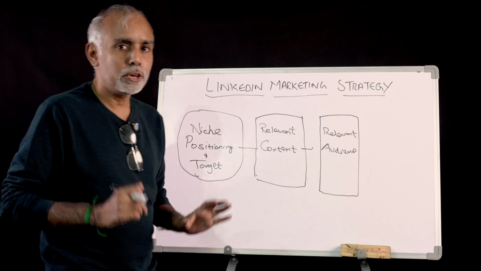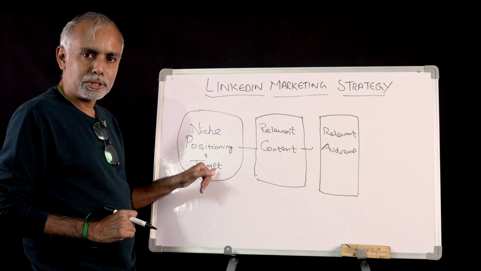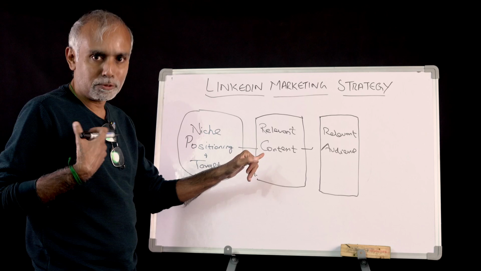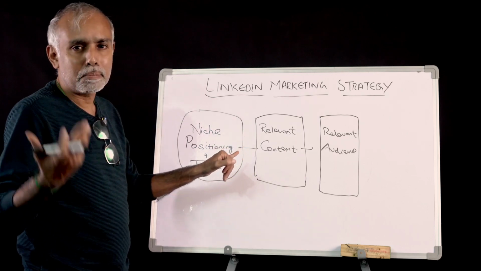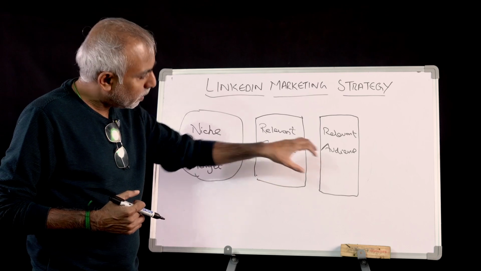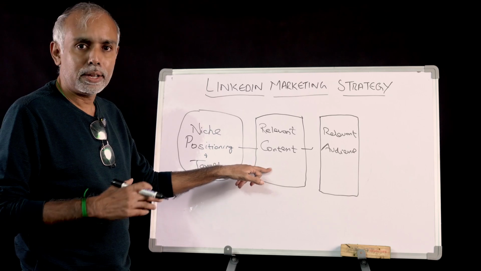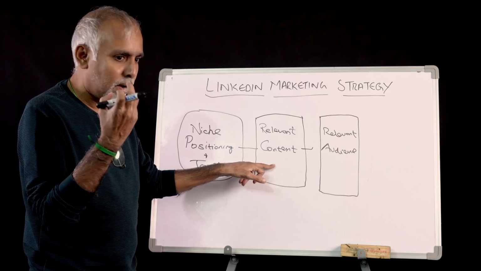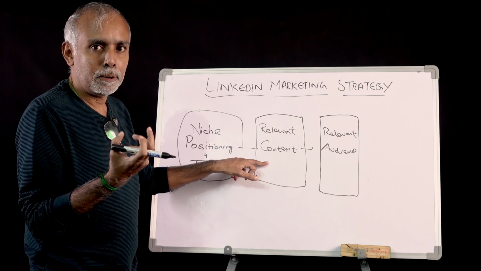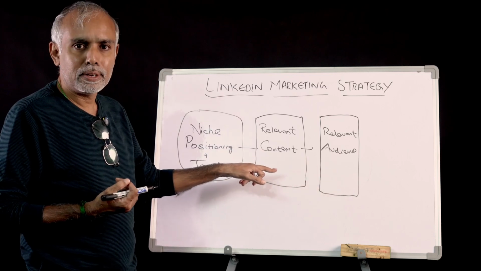The beauty of the algorithm is if you have a strong positioning and targeting, and if you create content relevant to your positioning, for example, in my case, marketing, branding, strategy, and innovation, and you use proper tagging, you tend to attract the audience naturally, right? The fans of marketing, people who look for content and solutions around marketing and marketing strategy and consulting, they come to you naturally, right?